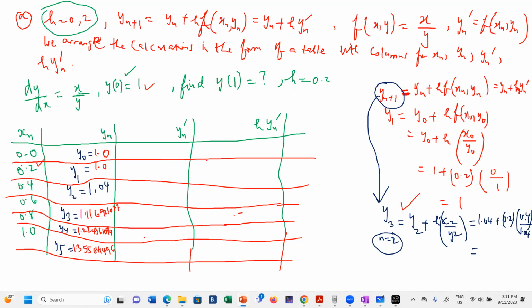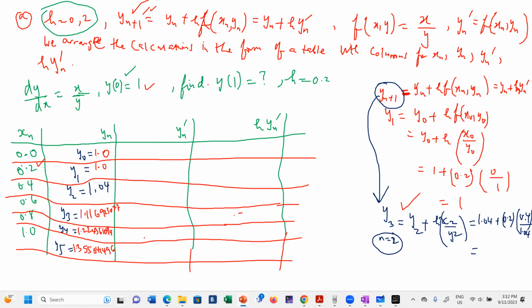What about the y primed now? Let's see the y primed. The y primed can be done in a similar manner using the y primed formula. What is the y primed formula? In this method, this one is used to get the successive y values from the initial one that's given in the initial value problem.